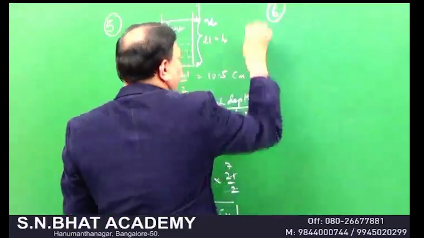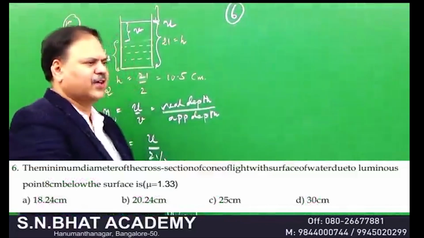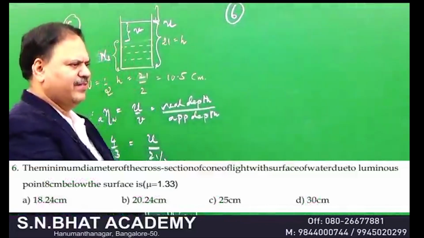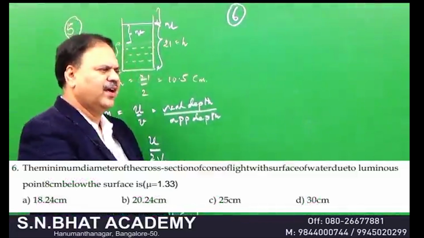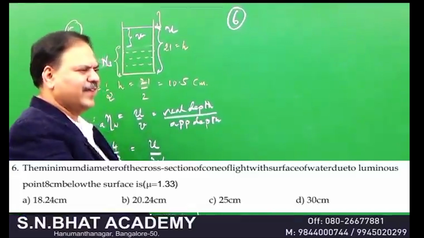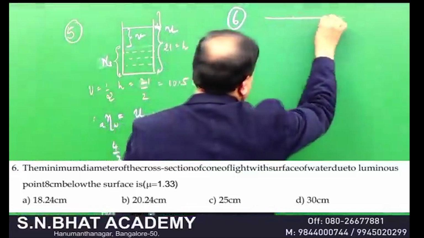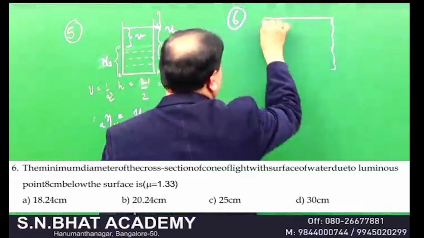Next is question number 6. The minimum diameter of the cross section of the cone of light with the surface of water due to the luminous point 8 centimeter below the surface is, look, here is the surface, here is water inside.